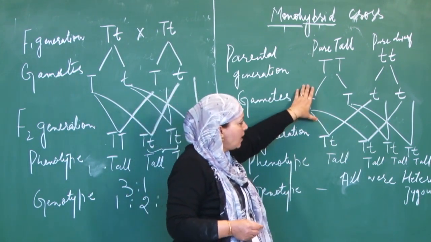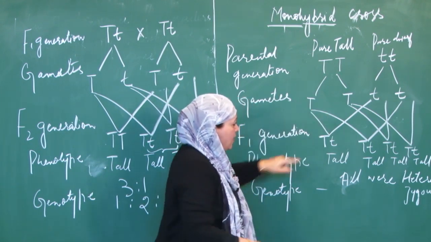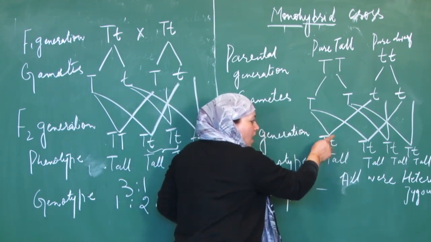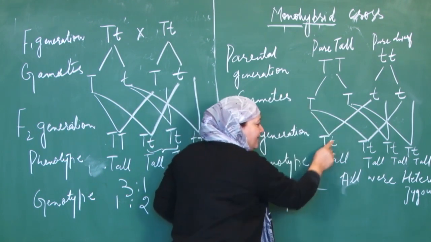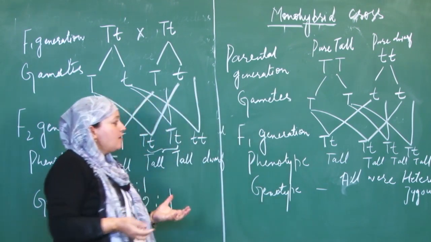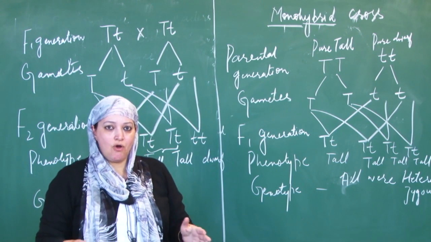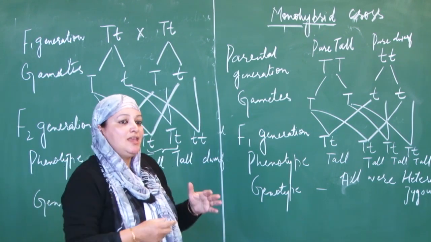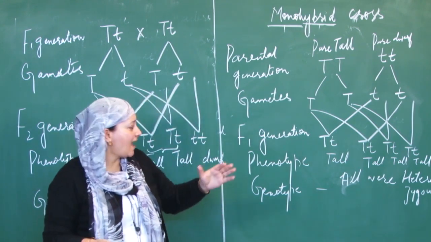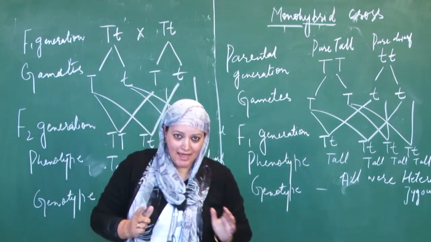It means when a pair of factors are brought together at the time of gamete formation, at the time of fertilization, they do not mix or blend together. They remain in the pure form. They do not form a new character.